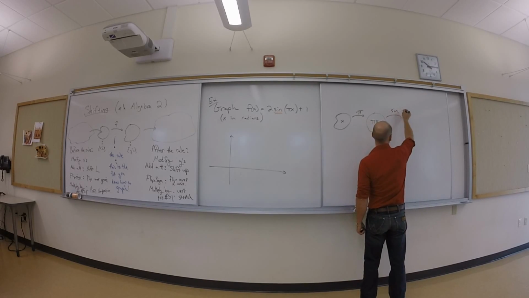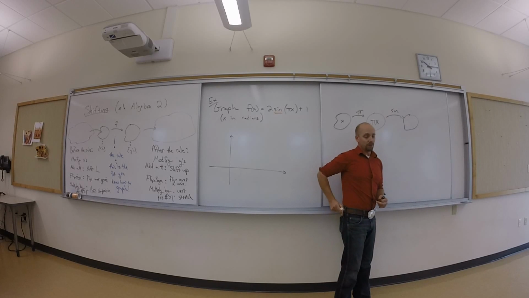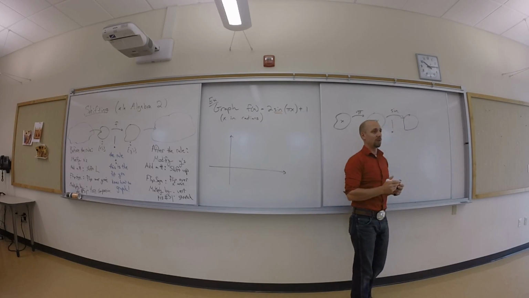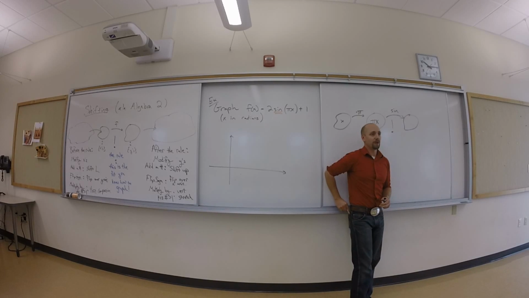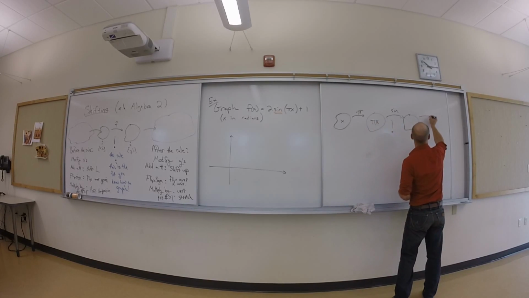I'm going to apply sine to that thing. Please note, you do not have to think too hard about this because thankfully this is the rule. That's where your picture is going to come from. What do I do after I sine this thing? Multiply by 2. And then we're going to add 1.